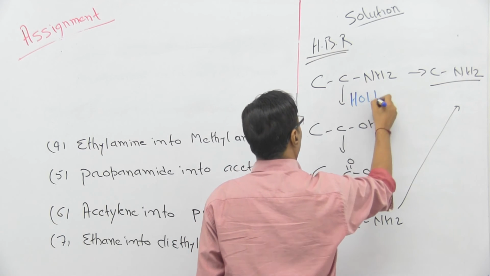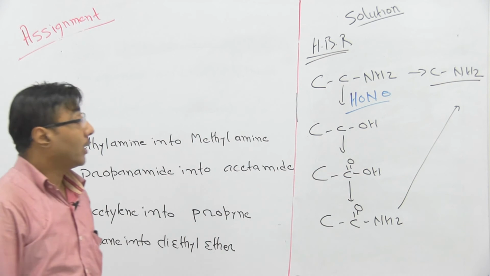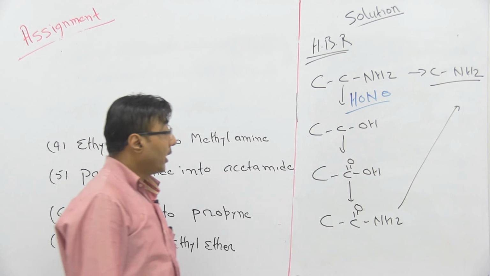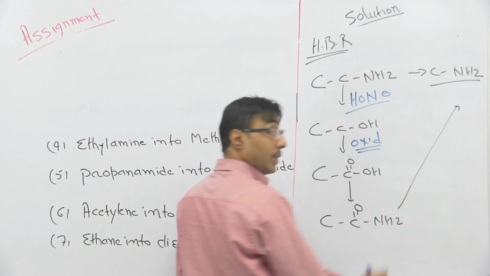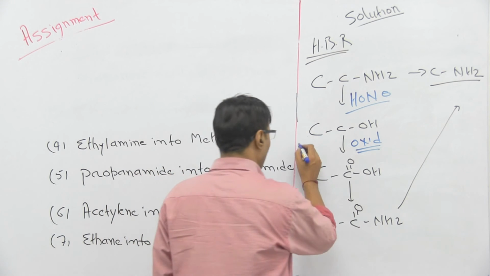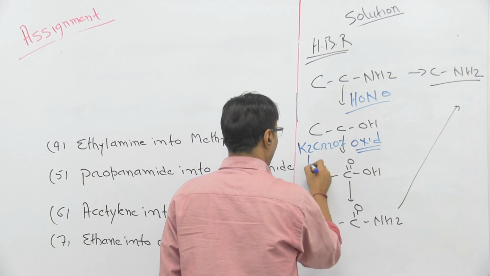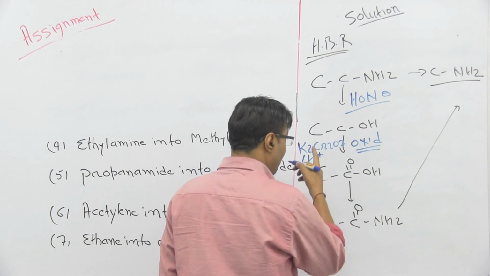It's HONO, nitrous acid. Nitrous acid will convert amine into alcohol. Next one is an oxidation method, and which is the reagent? K2Cr2O7. K2Cr2O7 in presence of acid or base? It's acid.